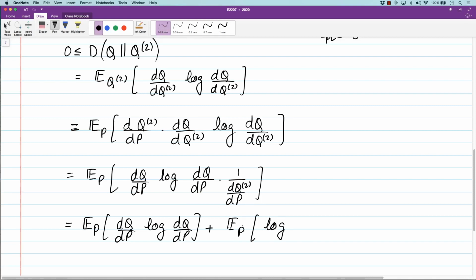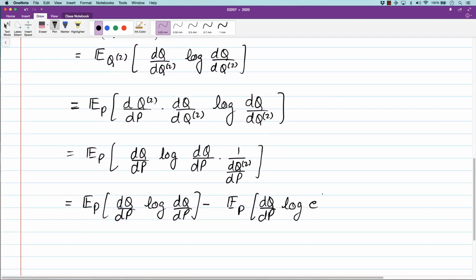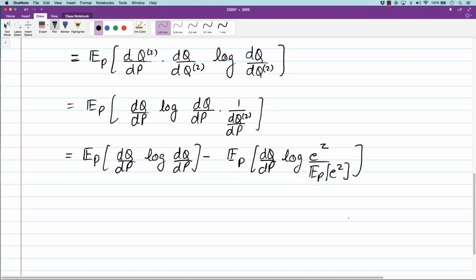So this is dq by dp log, so log of dqz by this. What is this density? Well, by our design, this is e to the power z by expected value with respect to p of e to the power z. Alright, so this first term here you can recognize as the divergence between q and p.